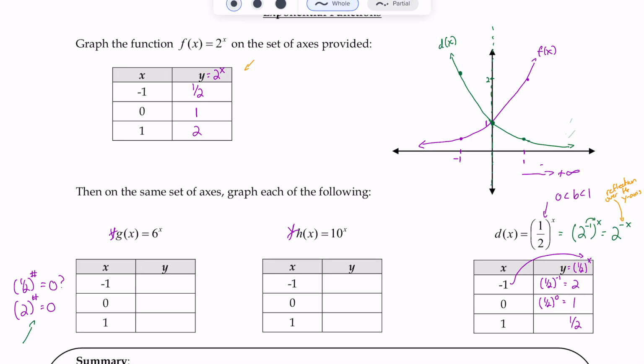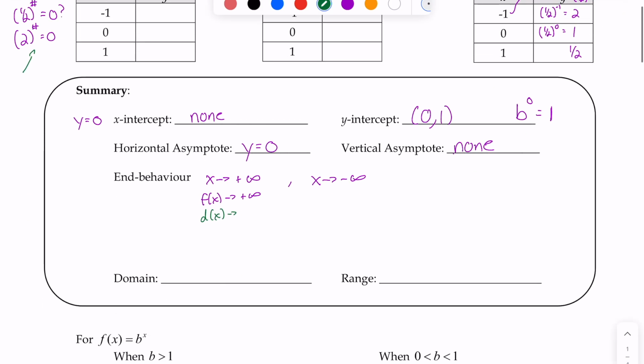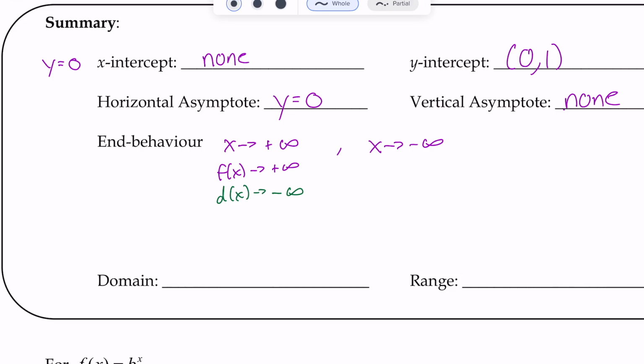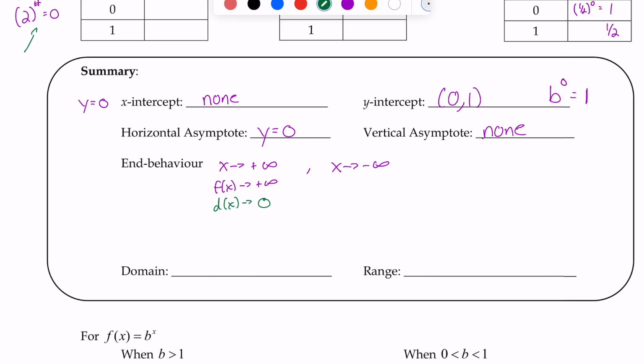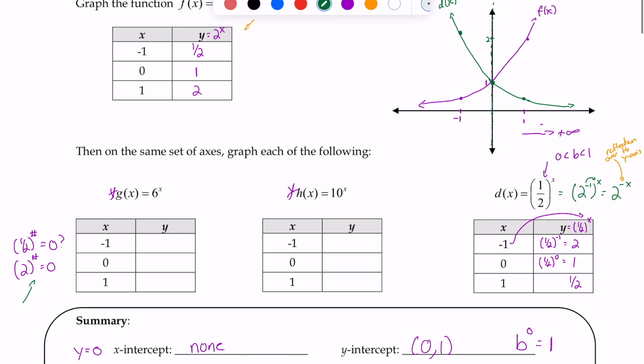You might say negative infinity, but that would be wrong, because you cannot hit a value smaller than your horizontal asymptote. This graph will approach 0. As we go towards positive infinity, you're approaching your y equals 0 horizontal asymptote.